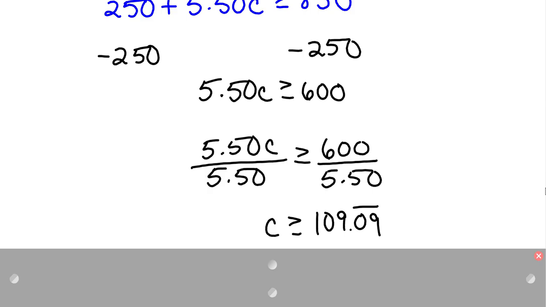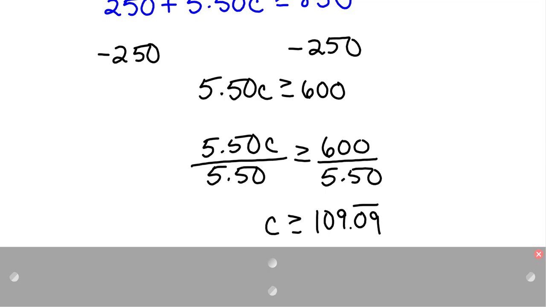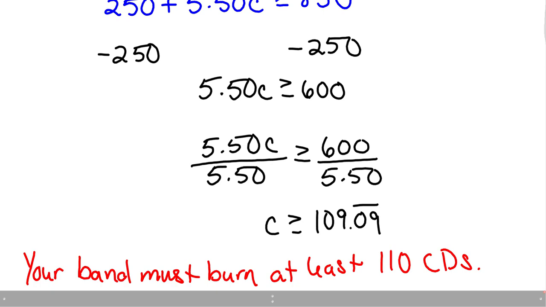Again, C is representing the number of CDs. I can't make 0.09 of a CD. So what would I say? We have to round this up because 109 CDs is not going to be enough to make that minimum requirement from the studio. So we're going to have to say the band must burn at least 110 CDs.